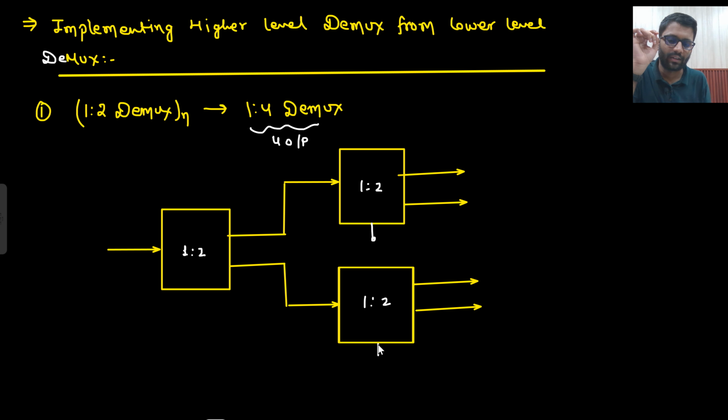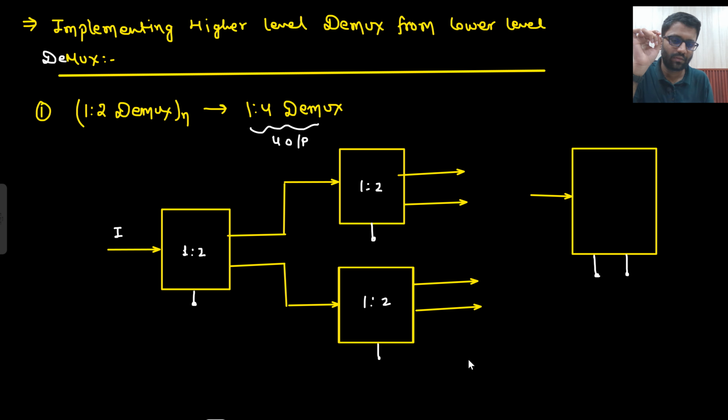Let's not write which select line is this. This will also have a select line. This will be the information. So basically this was your block. This was the information, and this was the output.